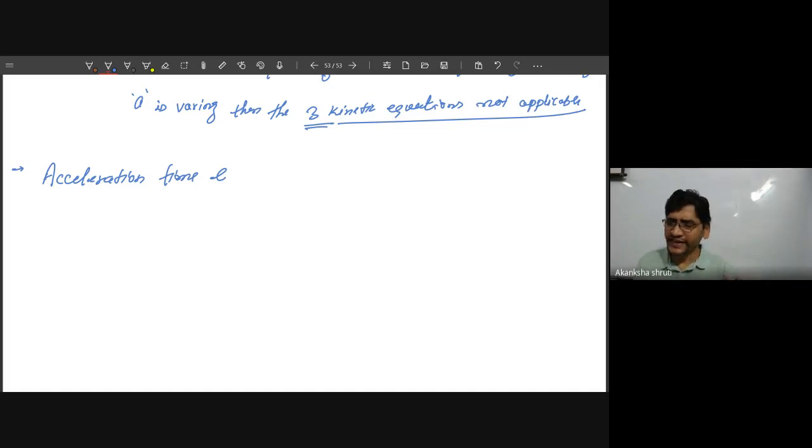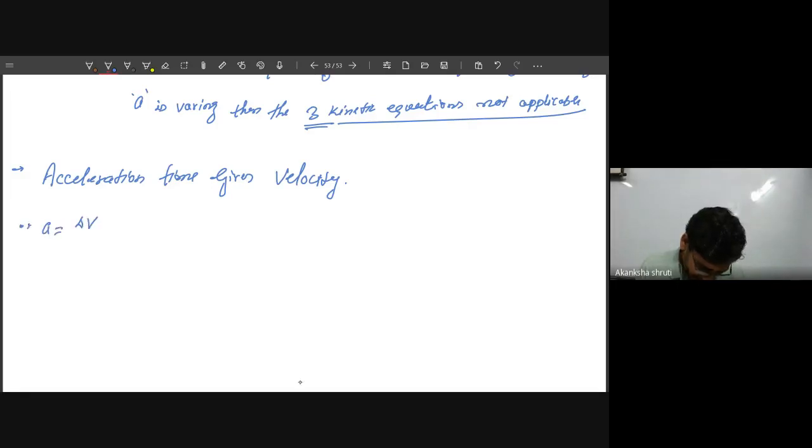These are the two things that are always calculated for a graph. So the acceleration time graph can give velocity. How? That you already know. Since acceleration equals delta V by delta T, delta V can be calculated by multiplying this acceleration with delta T.